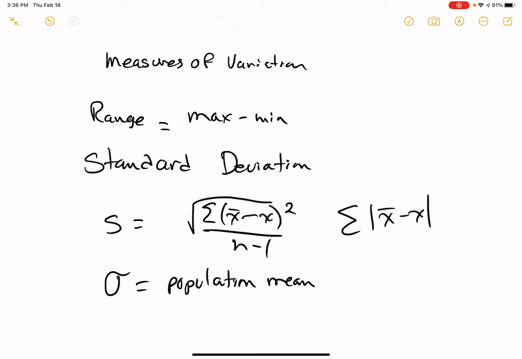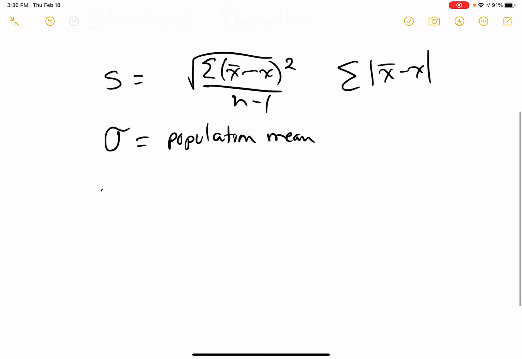Together, what these things do is it gives us a measure of variability that we have in our data set. If our sample standard deviation is 0 or a population standard deviation is equal to 0, this is the Greek letter sigma, by the way, just in lowercase form. If those values are 0, then all the values in the list are the same.